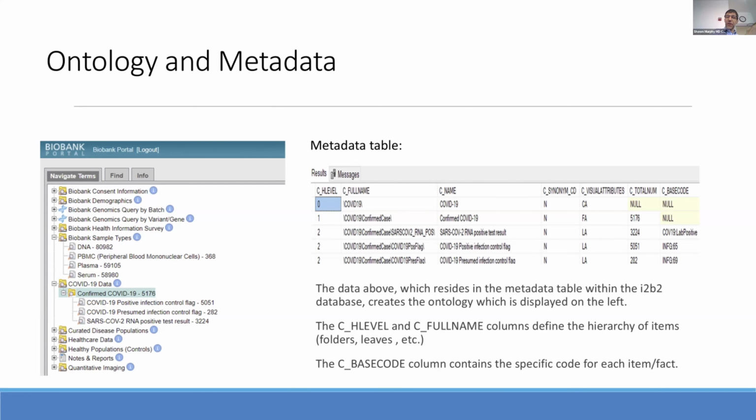And then there's a descriptive name, which is what appears on the screen in the user interface, and then some various attributes to define whether it's a leaf or a folder or what we call a container, which is just a folder you can't drag in the UI. And then the code in the fact table that's associated with that. And that gets rendered in the UI something like you see on the left, where it's a confirmed COVID-19 case.